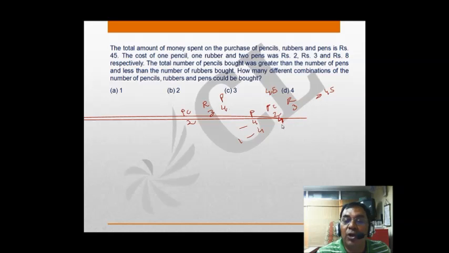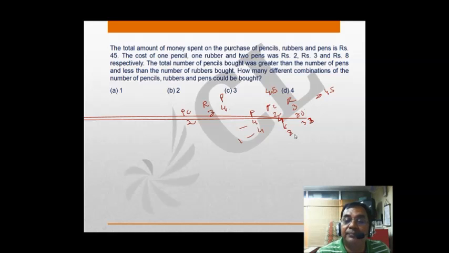No. Then I make it 6, is it divisible? 35, no, it's not divisible. 8, 33. So I get one combination.